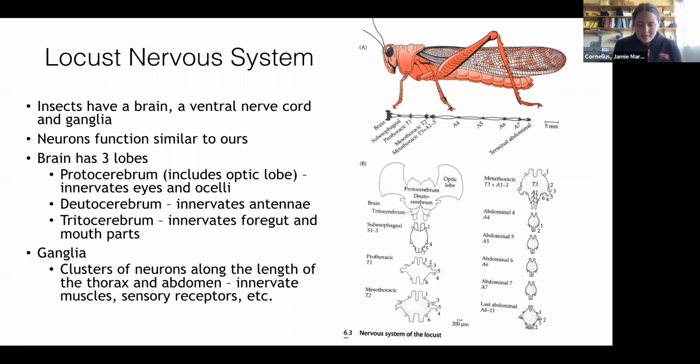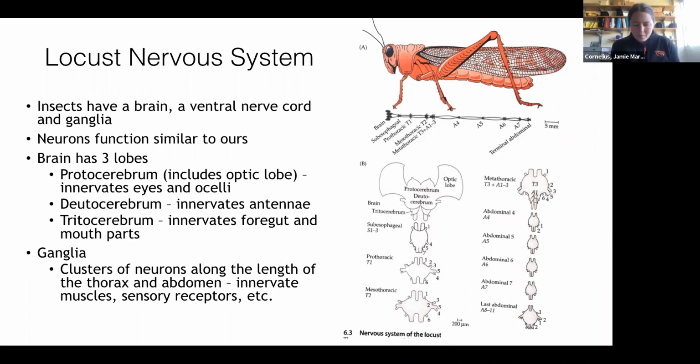The brain of insects has 3 lobes: the protocerebrum, the deuterocerebrum, and the tritocerebrum, all of which have specialized functions.